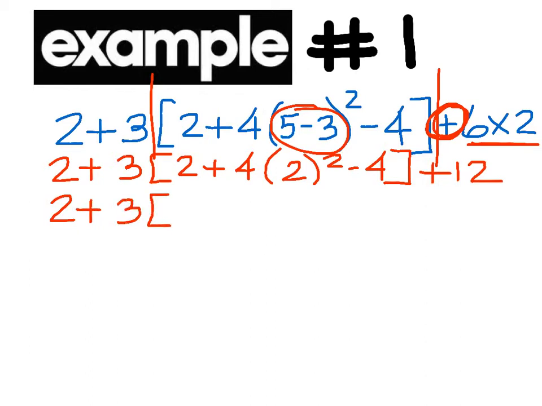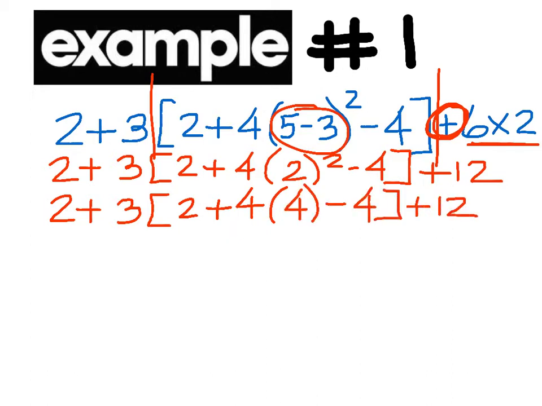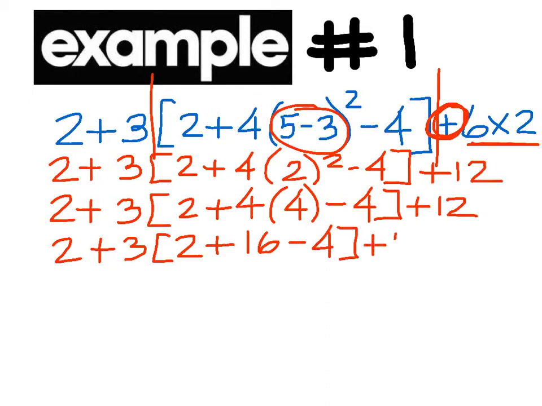Now back inside the brackets, we have 2 squared that we have to take care of. That's going to be 4. And go back inside the brackets. 4 times 4 is 16. So now inside the brackets you can go left to right. 2 plus 16 is 18. 18 minus 4 is 14.